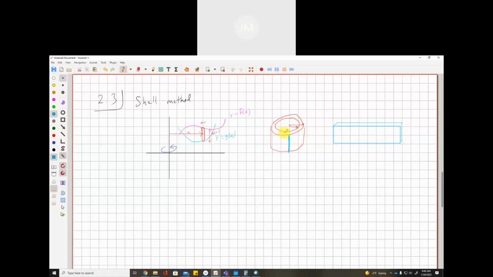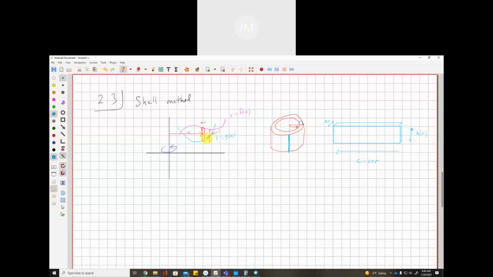But if it's really thin, then it will. Okay. So what we do is we approximate it by saying it can lie perfectly flat, where this thickness here is delta x. And now when I unroll it, this length here is the circumference of the circle. Okay. And this height here is the height h of x.